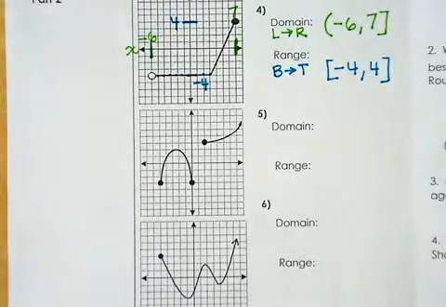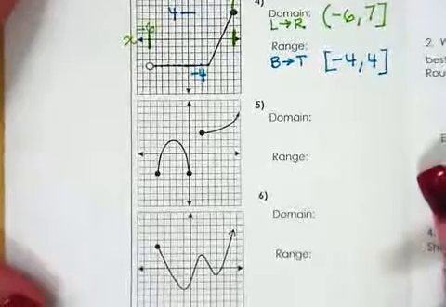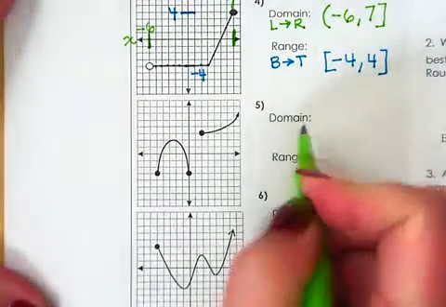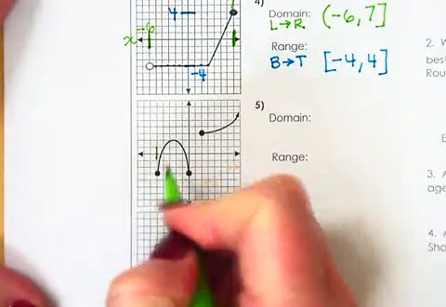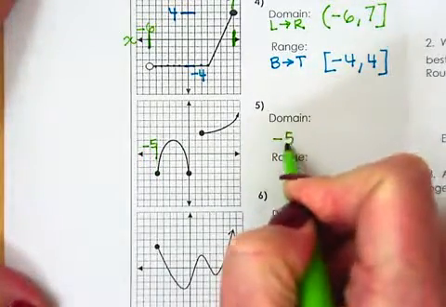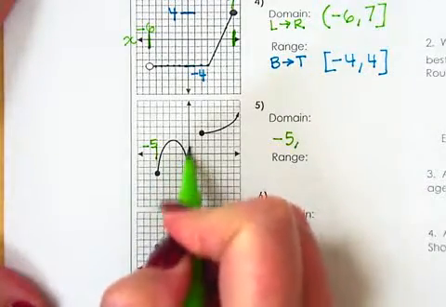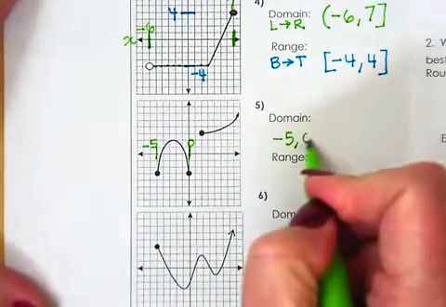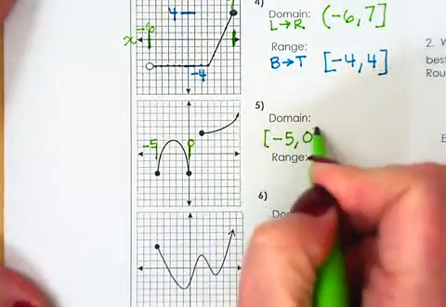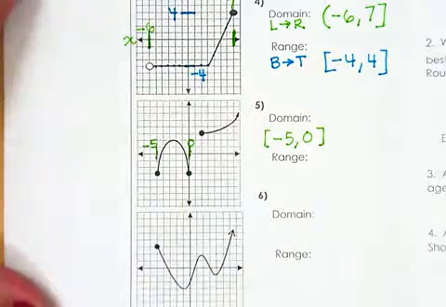Okay, let's try the next one. So we have two sections of a graph. For our domain, we start all the way to the far left, which is -5, comma, and then this continues until 0. Both of those are going to get brackets because they have inclusive values at -5 and 0.